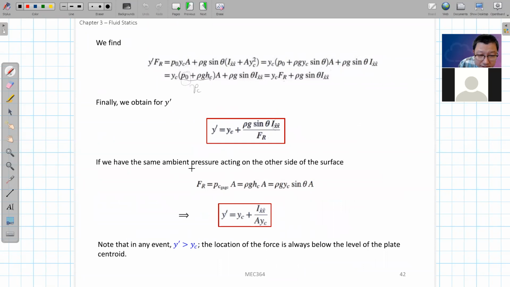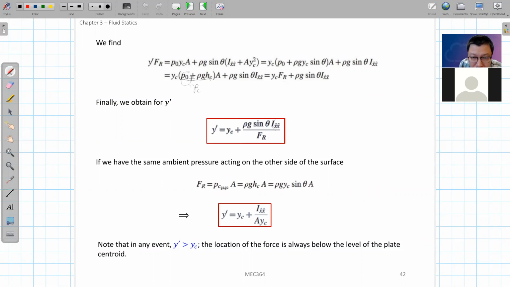If we have the same ambient pressure acting on the other side, all we need to do in this derivation is change this PC to the PC gauge and remove all this P0.